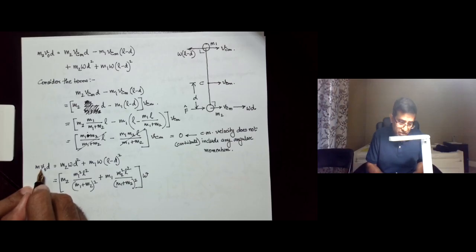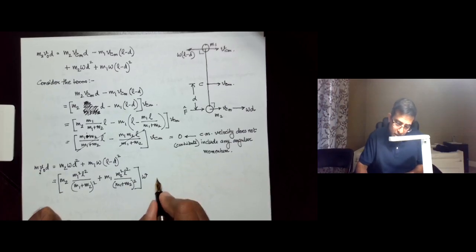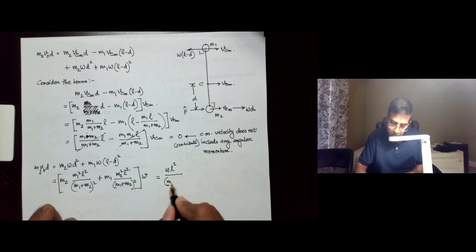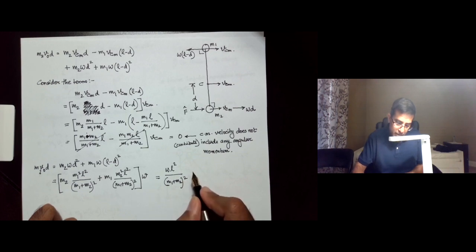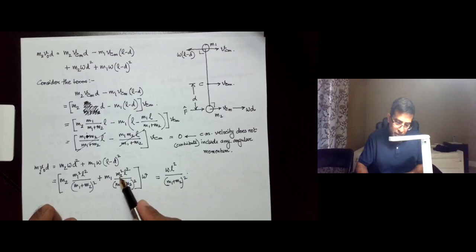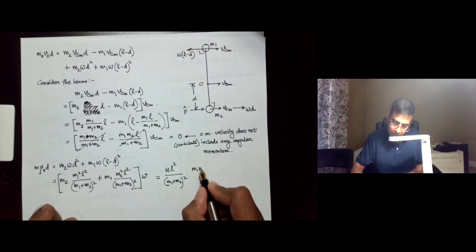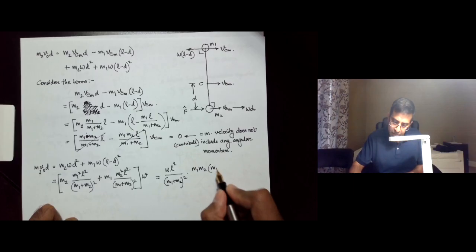Here on the left hand side you have m2 v0. So again, simplifying, what we get is omega times L square divided by m1 plus m2 whole squared, times, so here we have m2 m1 square, and here we have m1 m2 squared, so we have m1 m2 times m1 plus m2.